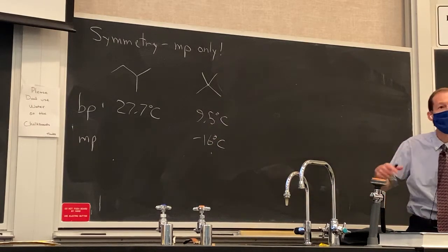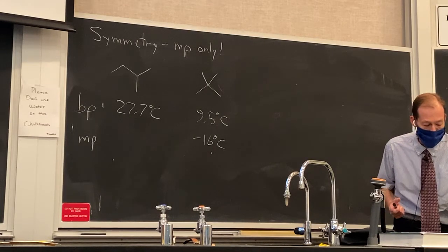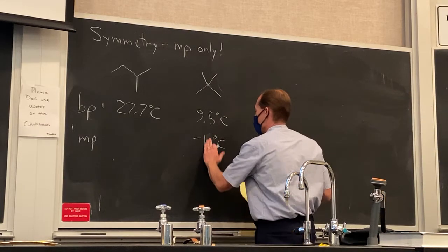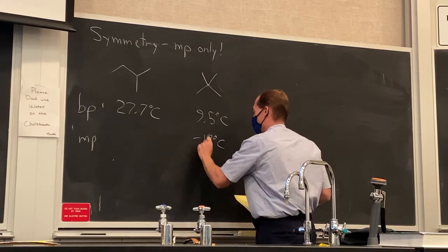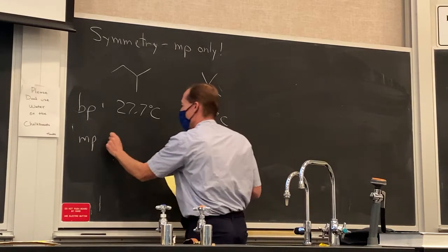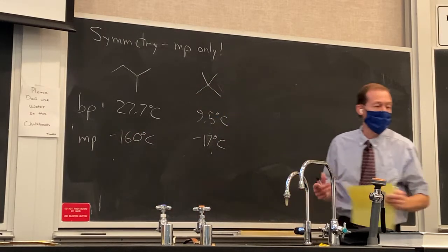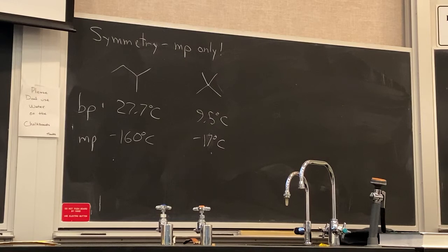So we do have to cool it down below the temperature of ice in order to get it to freeze. It's actually minus 17, but very, very close. This one, you'd have to cool down to a lower temperature than I've ever measured in order to get it to freeze, okay? So very, very big difference here.